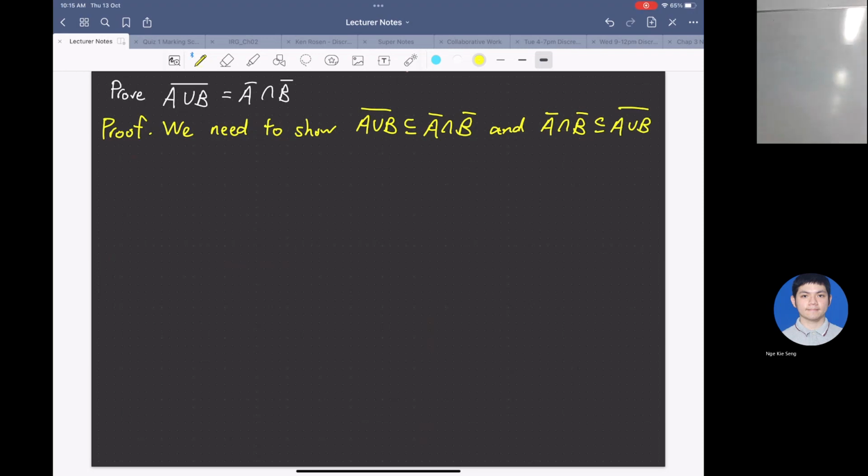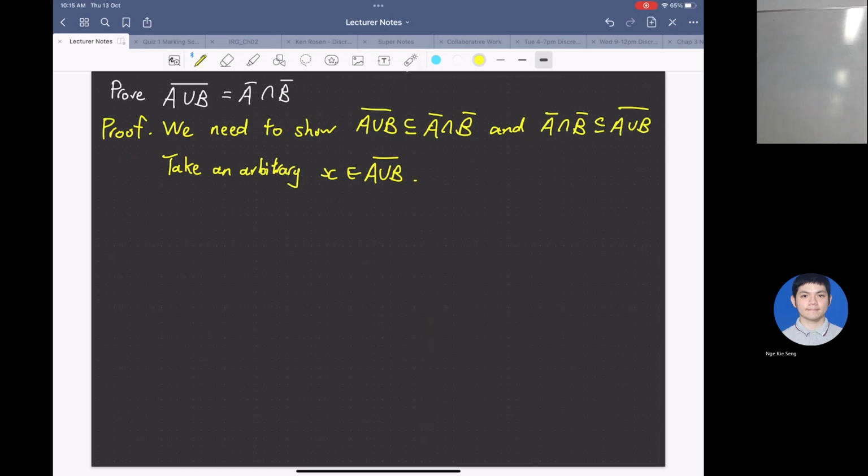Okay, so let's try the first one. Let's take an arbitrary x in the left hand side.